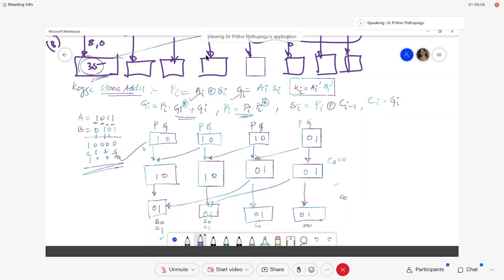Ma'am, from the last bit only, we should take the carry? Yes, this is the final one, the final carry. So previous carries are all neglected. No, these are all already used carries. For generating this, these carries are already used.